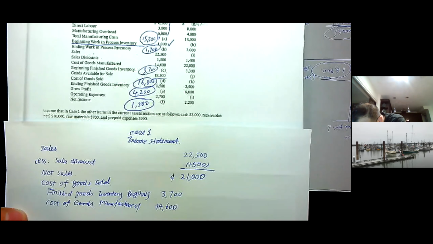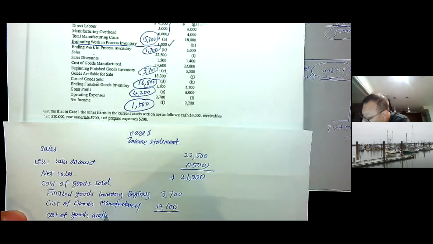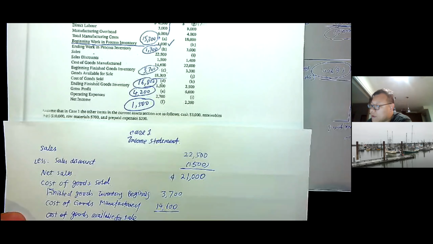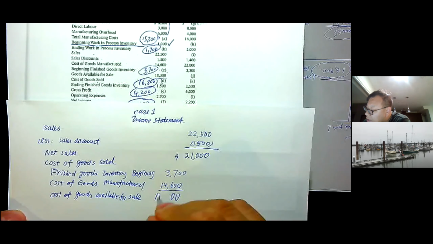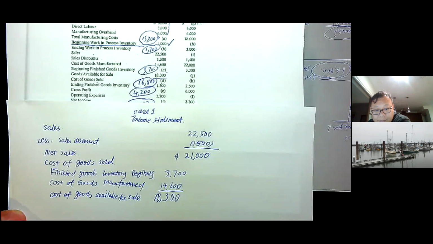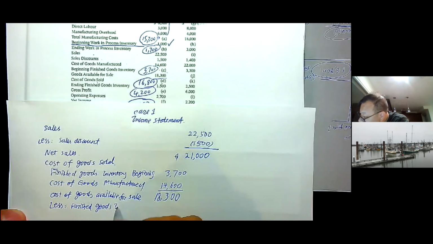And then these two numbers, we know, cost of goods available for sale. So together, that's going to be 18,300. And then less finished goods inventory ending.